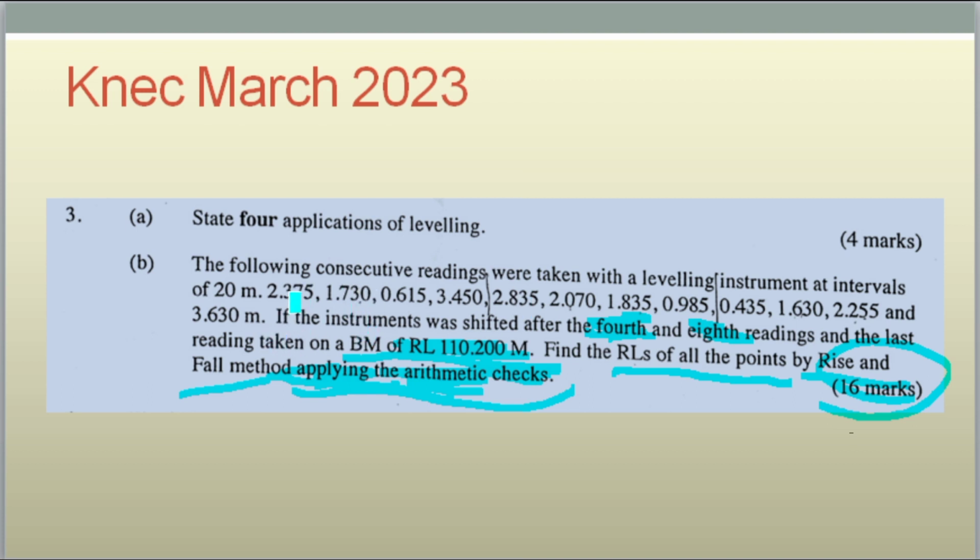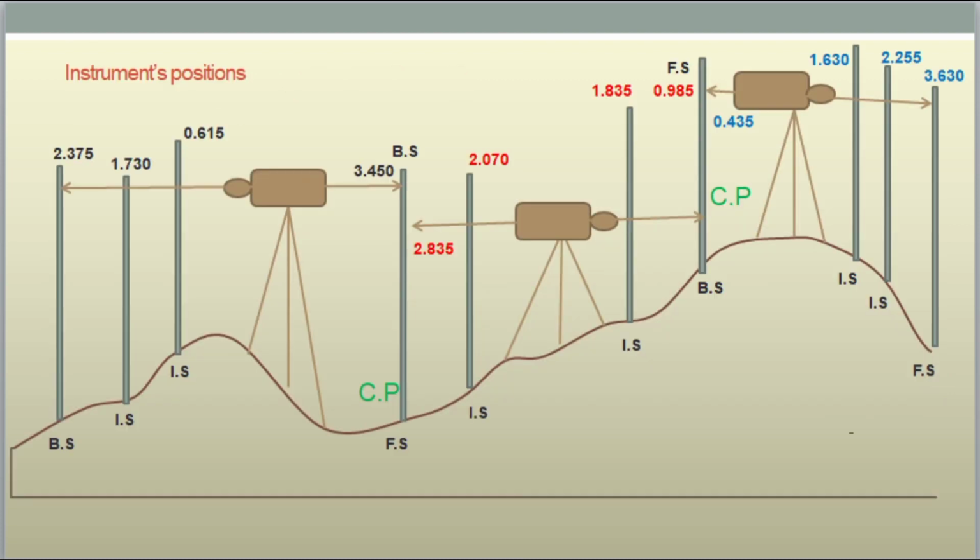By the look of this data, you can count physically: 1, 2, 3, 4. After the fourth, there we had a shift. Then 5, 6, 7, 8. There we had a change of instrument.